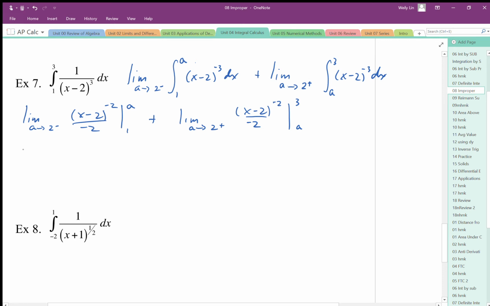I'm just going to rewrite this: limit as a goes to 2 from the negative side of negative 1 over 2(x minus 2) squared, from 1 to a, plus the limit as a goes to 2 from the positive side of negative 1 over (x minus 2) squared from a to 3.